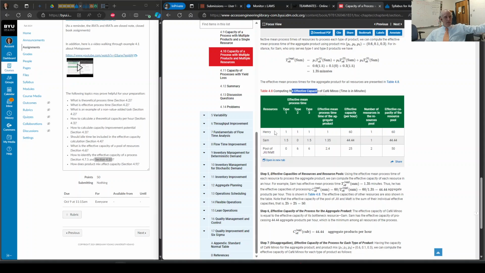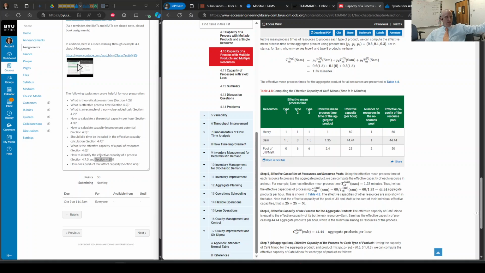And you identify the bottleneck by looking at the effective capacity. So because Sam here has the lowest effective capacity of these three different resources, then this is the effective capacity of the overall process. And you can read some more about that to find out the details.